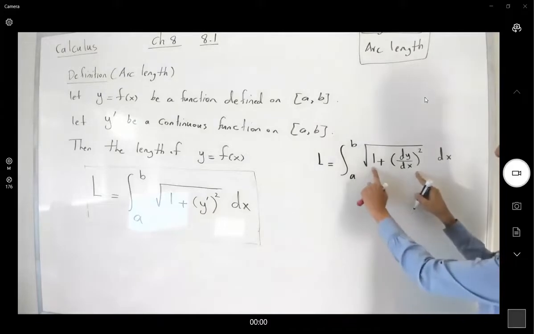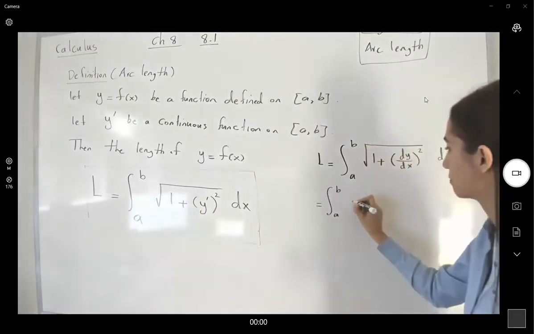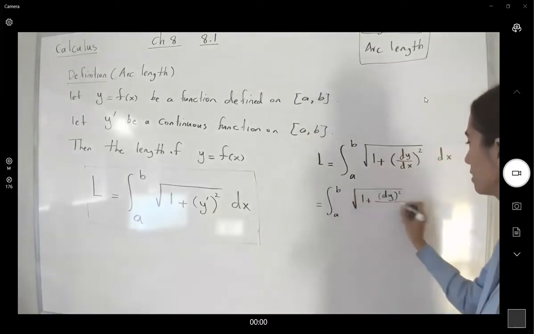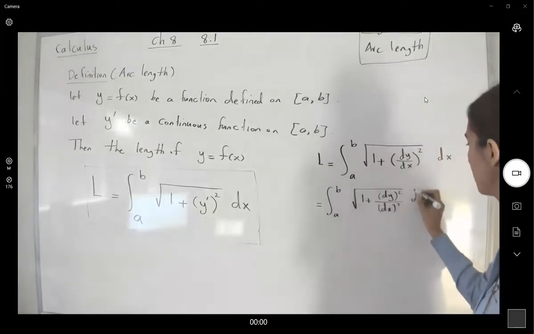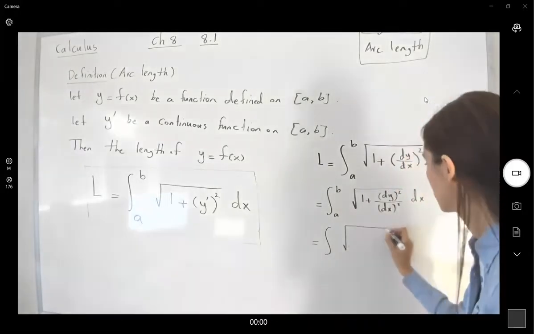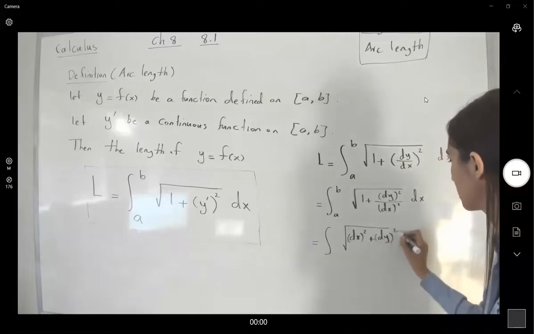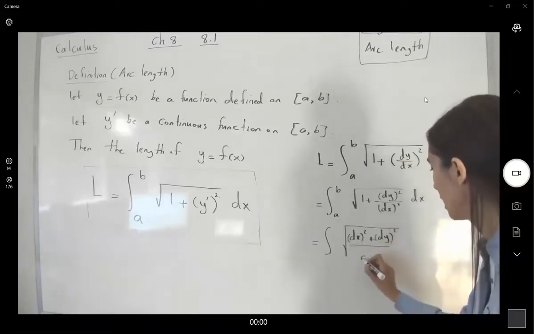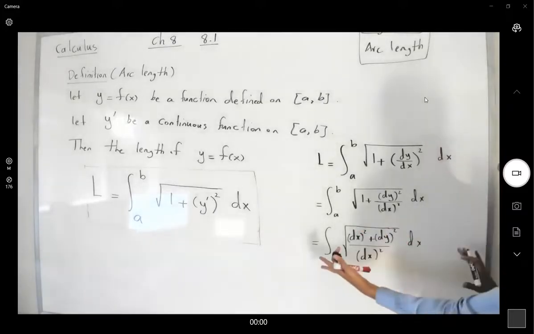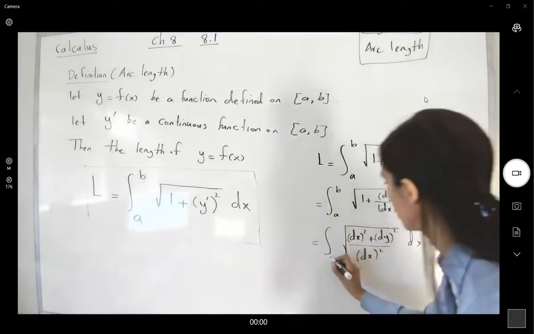Then we're going to simplify this radical this way, which is equal to the integral from a to b of the square root of 1 plus dy to the second over dx to the second dx, and this is the integral of the square root of dx squared plus dy squared, taking common denominator, over dx squared, dx. Later on, we're going to use this formula in parametric calculations.